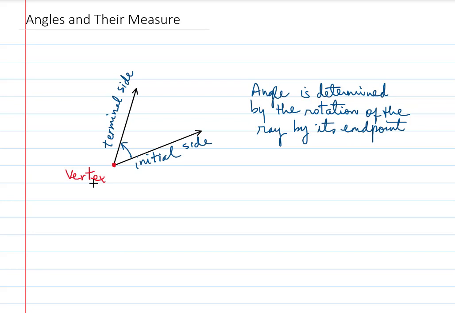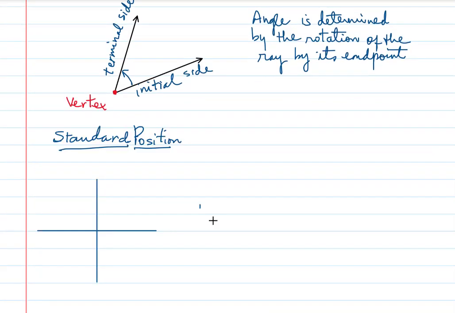So we're going to define what a standard position is. I'm going to go ahead and place this initial side right here on the positive x-axis, and then of course the terminal side would be wherever that lands. So let's say it lands in the second quadrant there. We have our angle here, so let's call this angle theta. So this is a standard position.